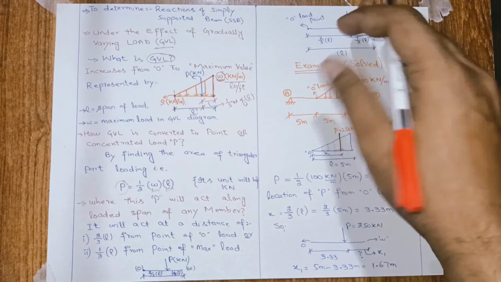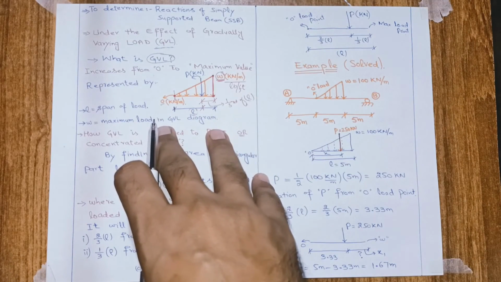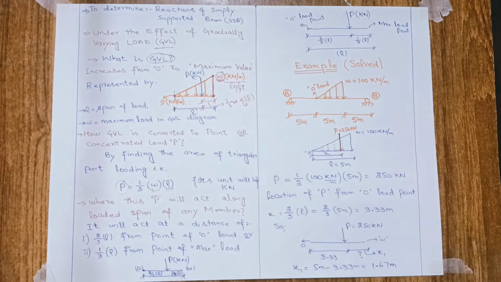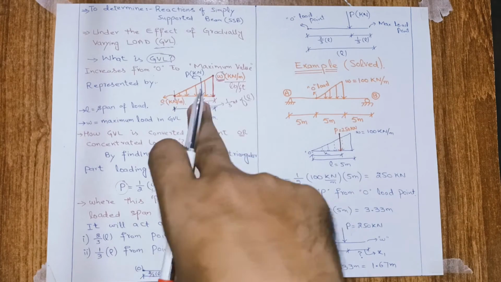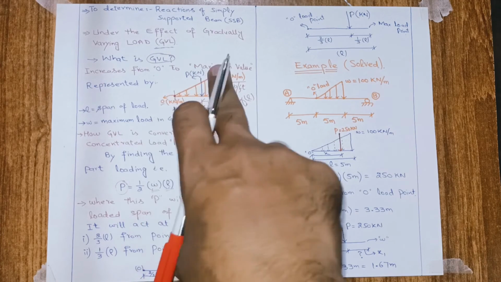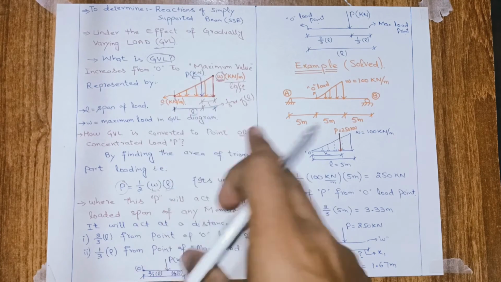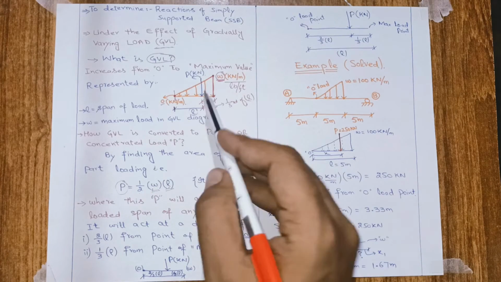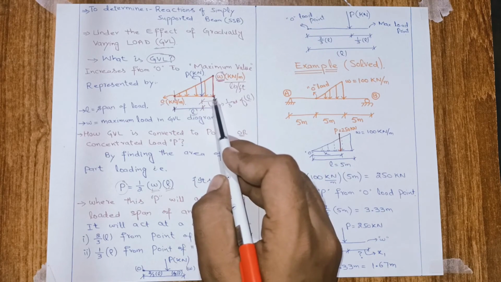These are technical things when we encounter a GVL on any beam, that may be simply supported, cantilever, continuous or overhanging beam. This is the technicality: how we convert this GVL into a point load, and what the position of this point load is from the zero load point and the maximum load point.